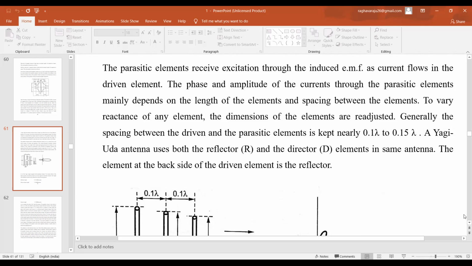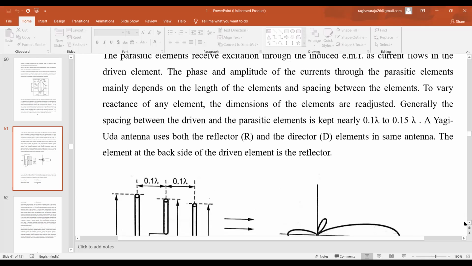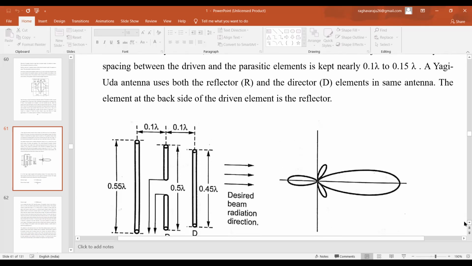That's why the radiation is properly achieved through this arrangement. Generally, the spacing between the driven and parasitic elements is measured in terms of lambda values. The spacing between driven and parasitic elements is 0.1 lambda to 0.15 lambda.